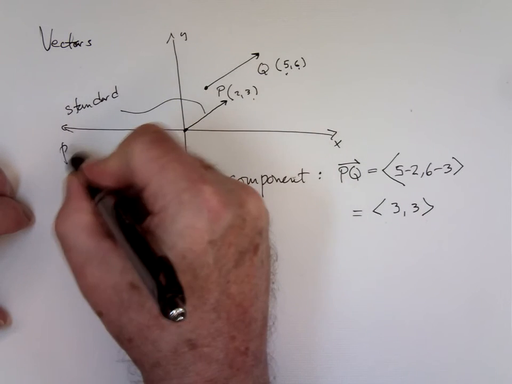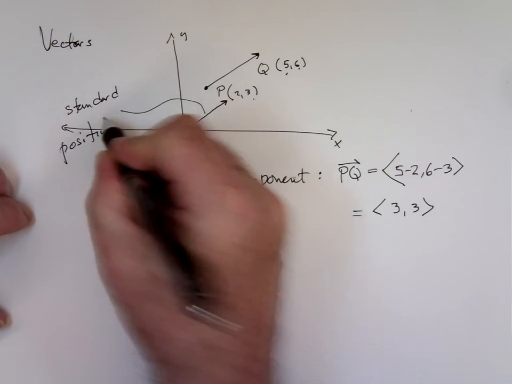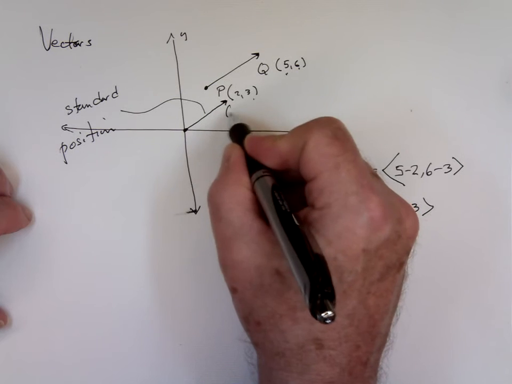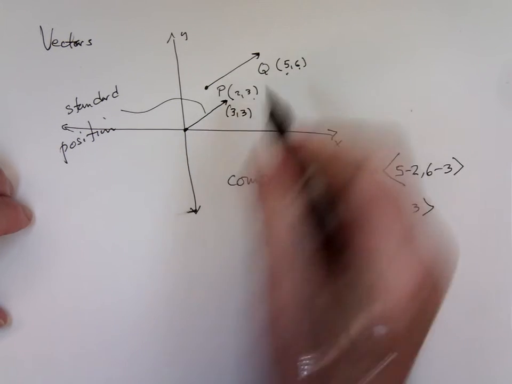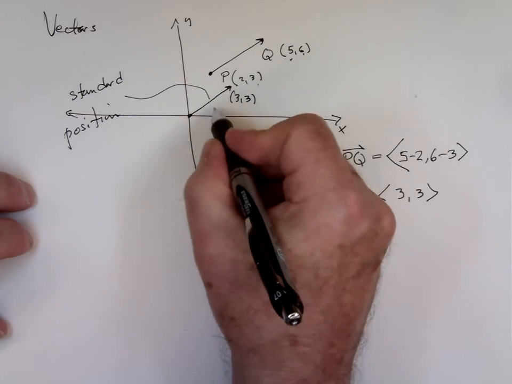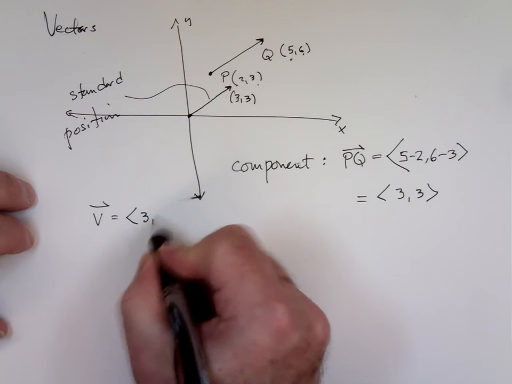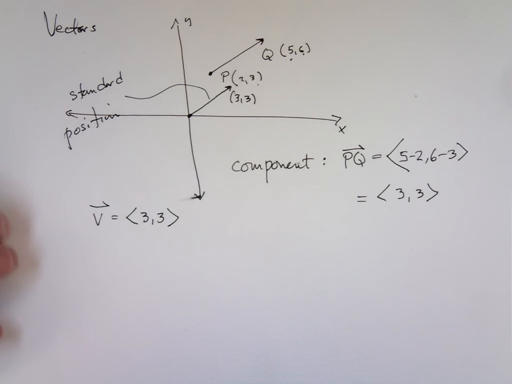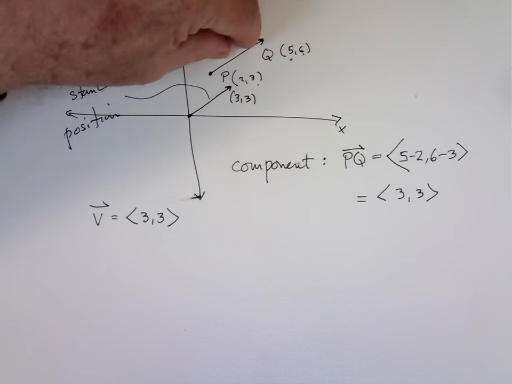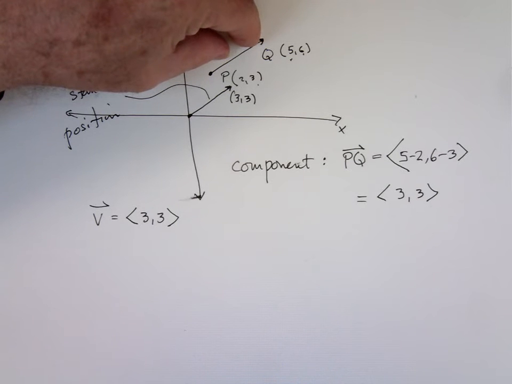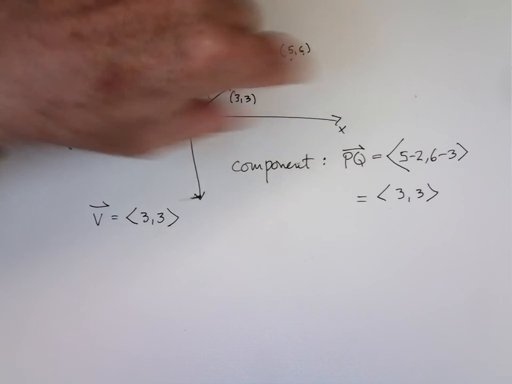The standard position starts at the origin and goes to this point, 3, 3. This vector, I'll call this V, in standard position is equivalent to vector PQ. It's equivalent to every vector in the plane with this length and direction. So we can pick this up and place it anywhere in the plane for an equivalent vector.